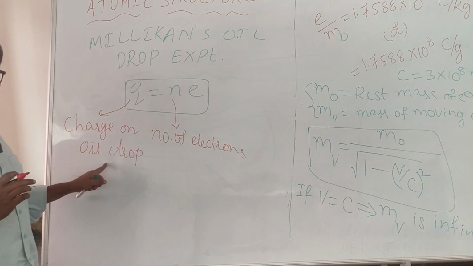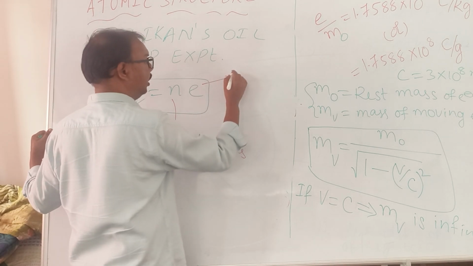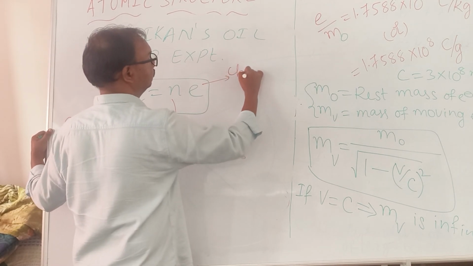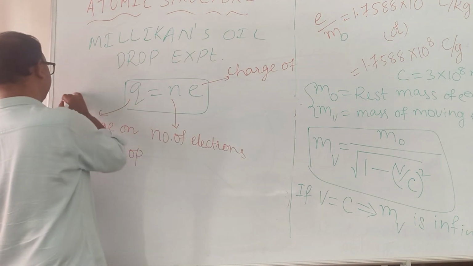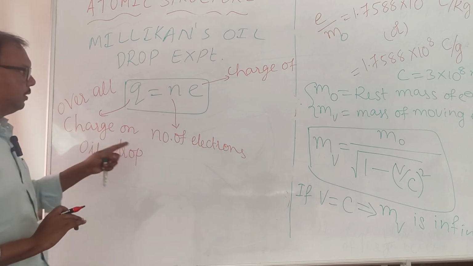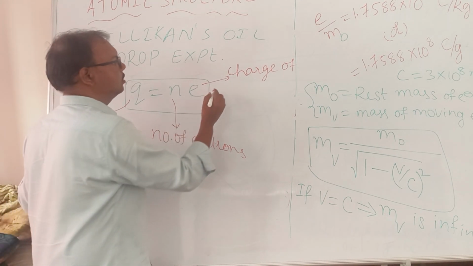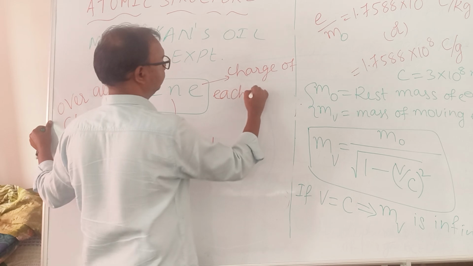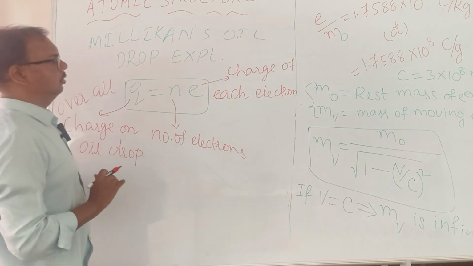Therefore, n into the charge of each electron. Q is the overall charge, meaning all the electrons' charge, and e we consider as the charge of each electron. Yes, you can say that.